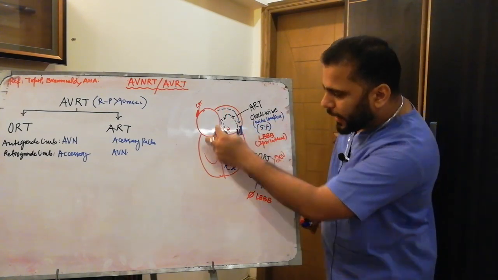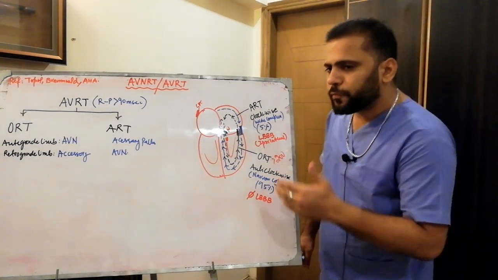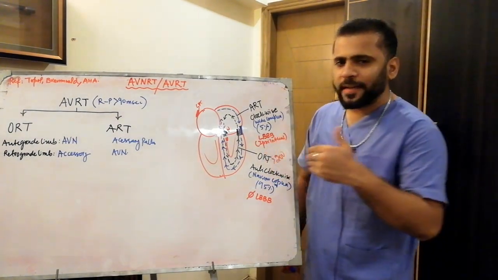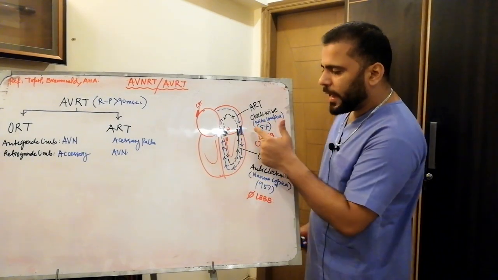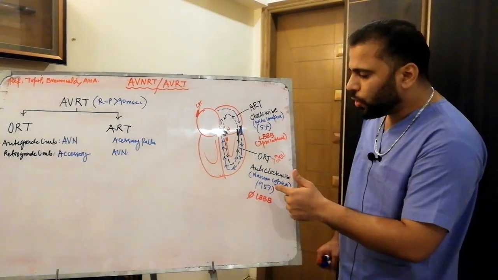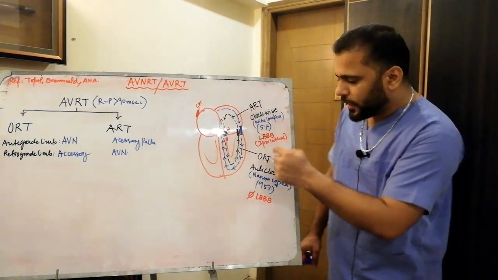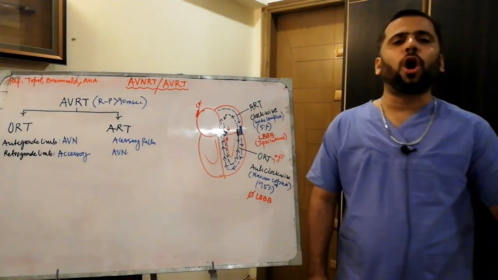That's why you can say that the movement of this current, which is making a circuit between the AV node and the accessory pathway, is anti-clockwise. So the movement of the current in ORT is anti-clockwise.